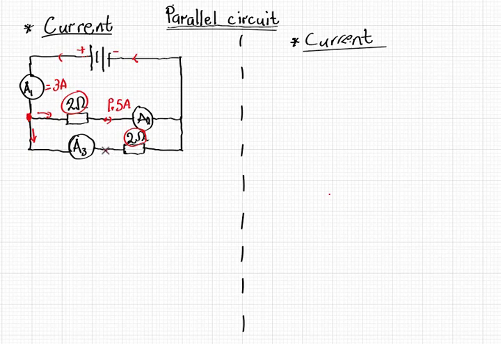And the current here, what is this really? I don't like what I see. But anyway, that's okay. The current here will be 1.5 as well, because the resistance is the same, right?